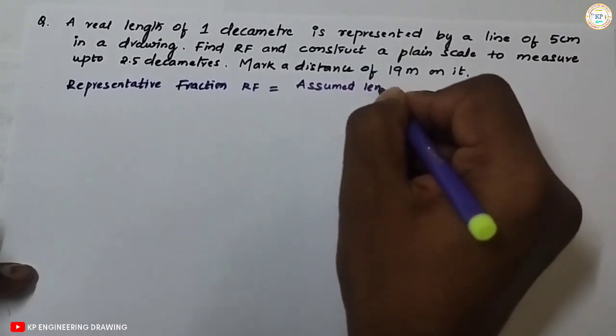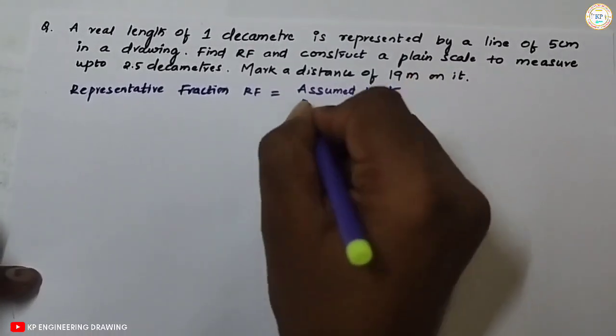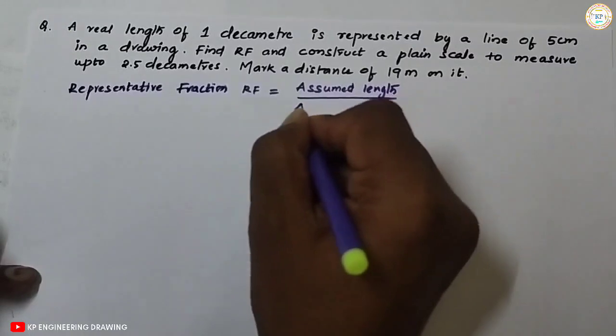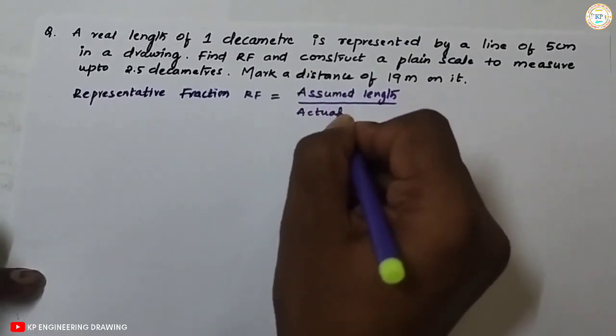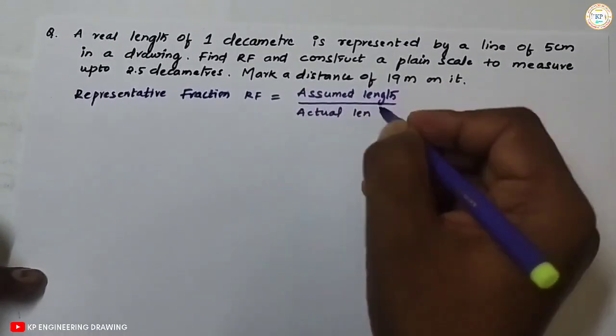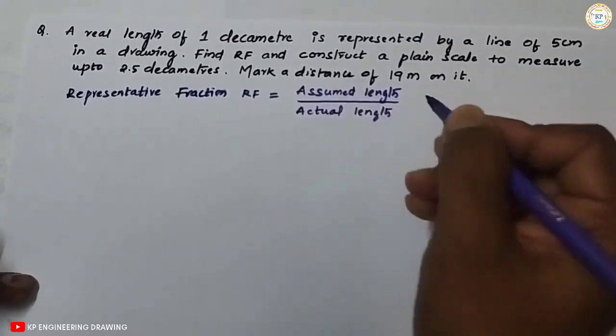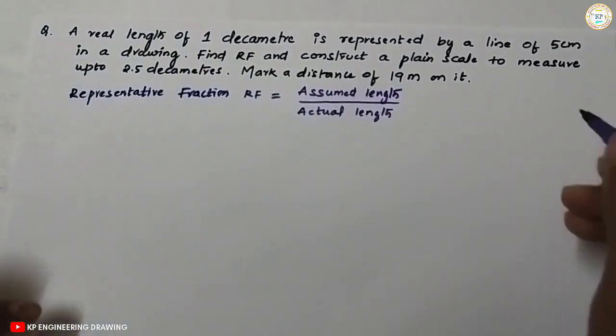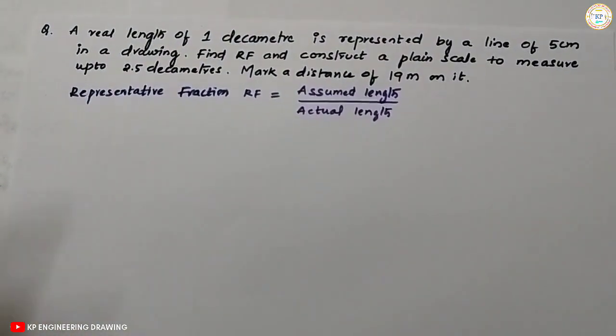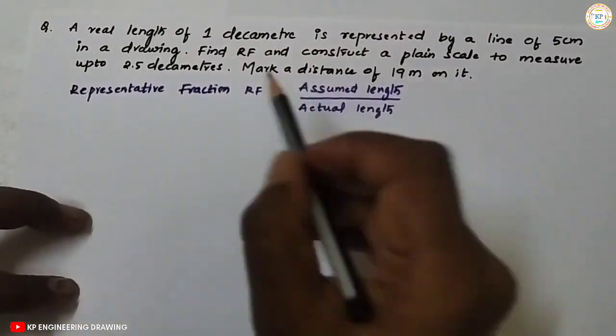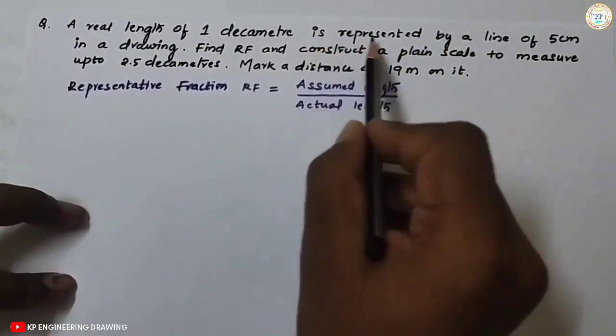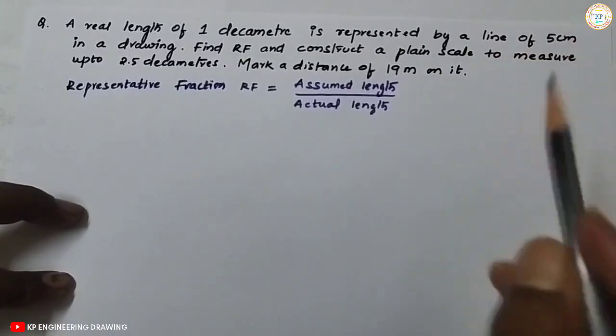is assumed length by actual length, or we can say assumed drawing by actual drawing, or assumed size by actual size. So here if you see the problem, he's saying that 1 decameter is represented by a line of 5 centimeters.